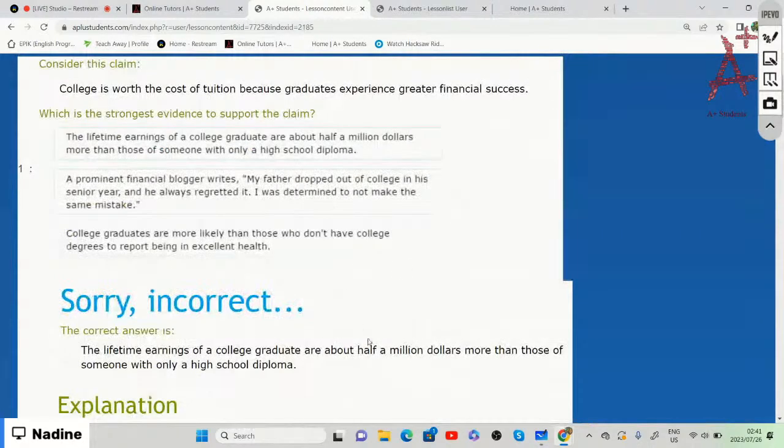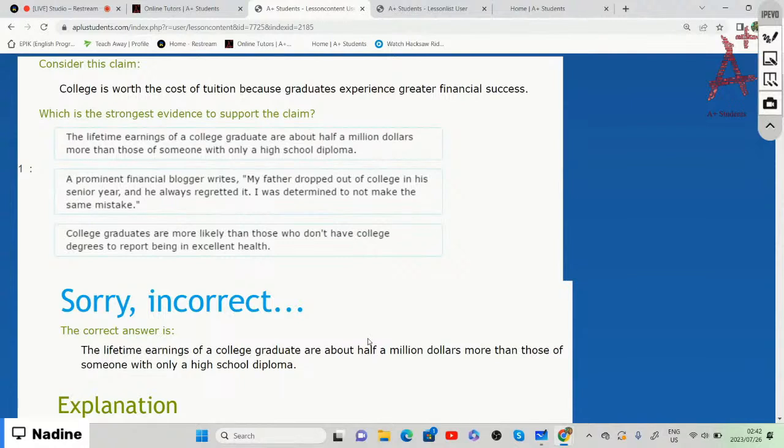So now we're going to consider this claim. We have a claim, and we are going to have to choose the strongest evidence to support the claim. College is worth the cost of tuition because graduates experience greater financial success. So which is the strongest evidence to support the claim?